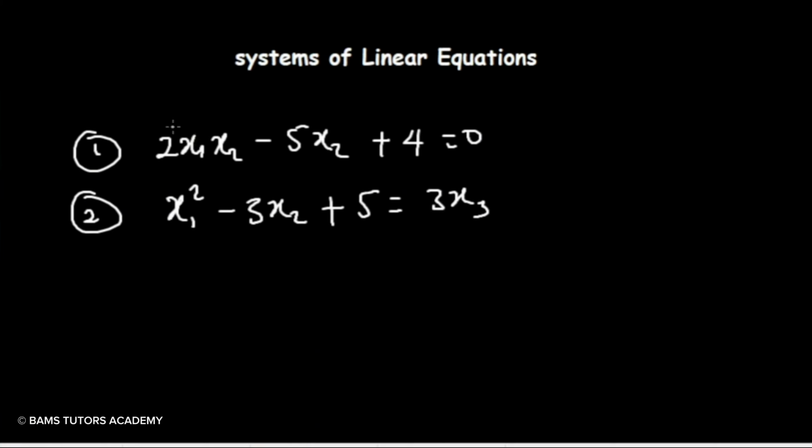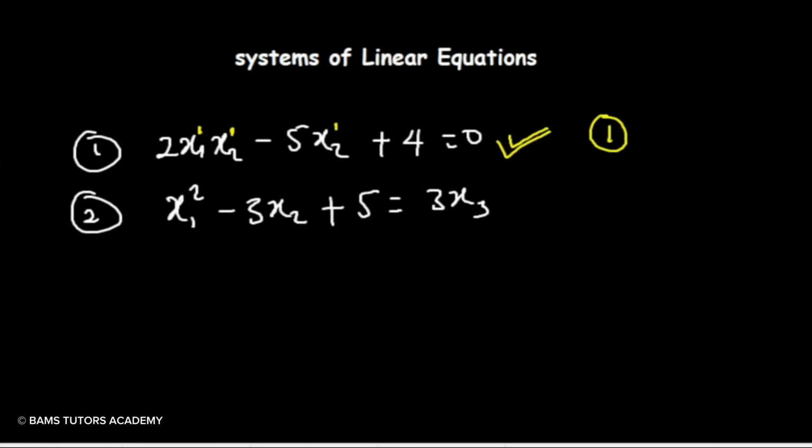Now, considering the first equation, you see that the power here is 1, the power here is 1, the power here is 1. And of course, x1 and x2 are not the same thing. I would have said x1 times x1, that's x1 squared, but they are different letters. So this is a linear equation because the power here is of degree 1.